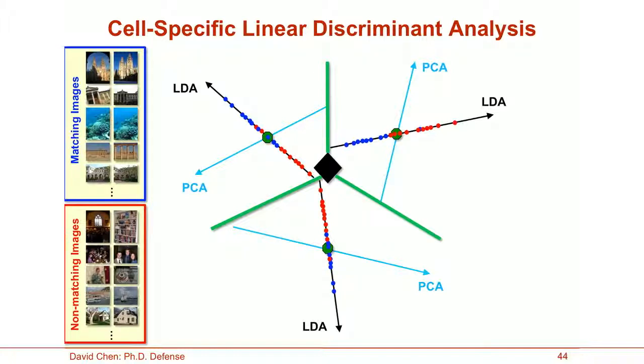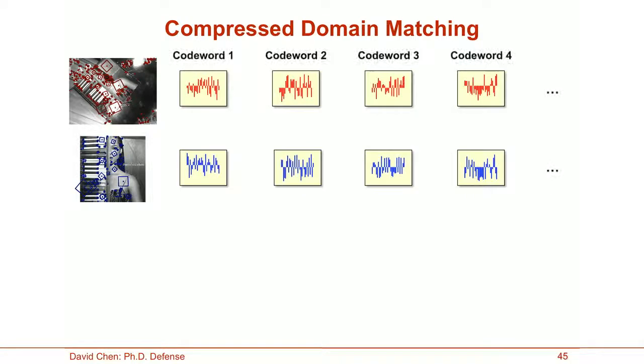Notice that we can also choose a different LDA direction within each cell to take advantage of the local neighborhood statistics. After obtaining the LDA coefficients for each codeword, we'll binarize these LDA coefficients. This results in a binary signature, which is very compact to store in memory.